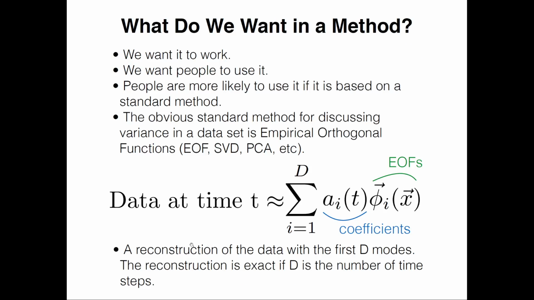So a reconstruction of the data with the first d modes is written here. This would be the most variance you could have for that number of modes from 1 to d, because the modes are rank ordered by variance, right? So the more variance you have, the earlier you appear in the order. So in particular, EOF1 has the most variance, and so on. So the reconstruction is exact if d is the number of time steps. And so approximations look like this.